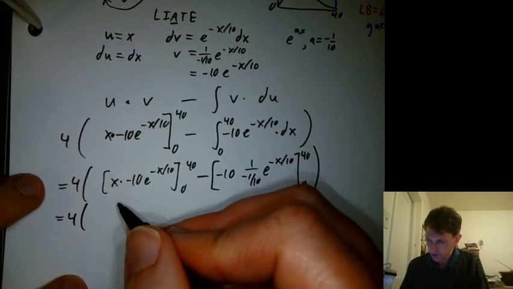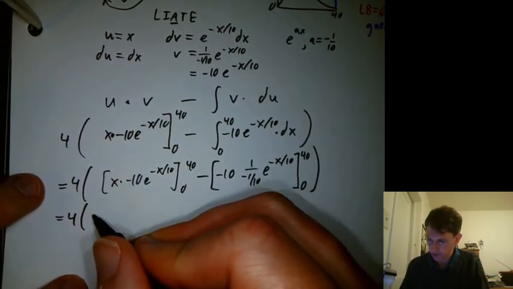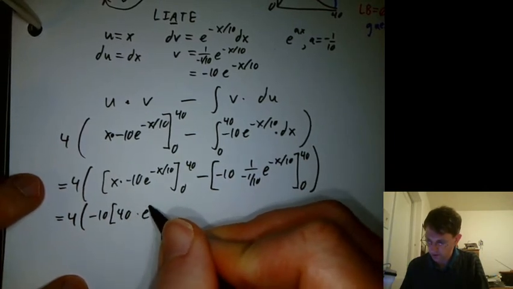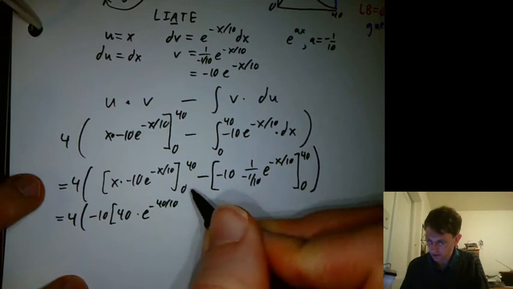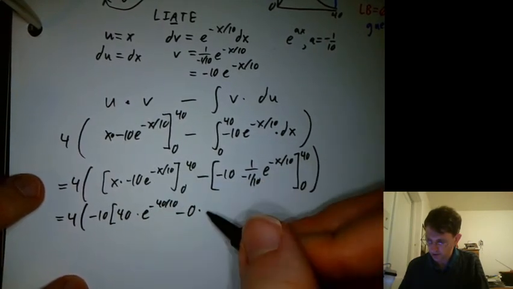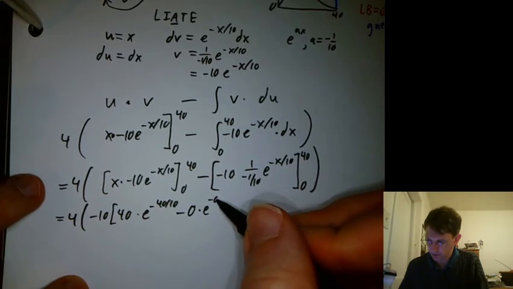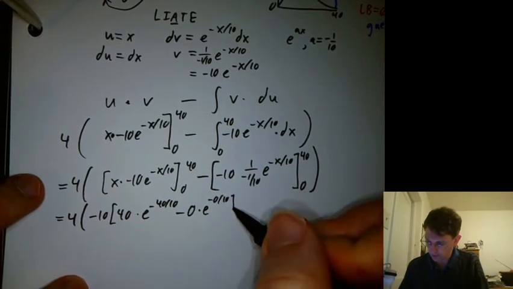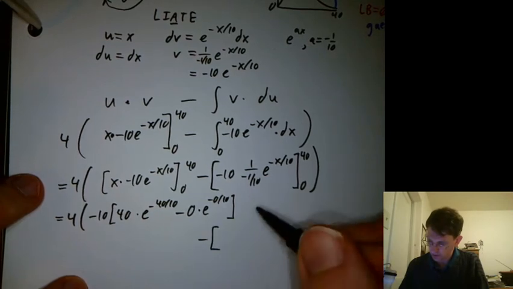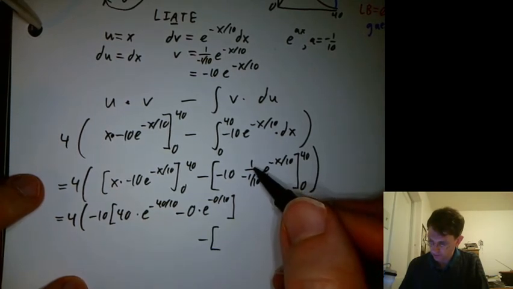So plug in 40 here. Let's pull out the negative 10 first. Negative 10, 40 times e to the negative 40 over 10. Then plug in the 0, minus 0 times that stuff, e to the negative 0 over 10. And then this part, minus, let's see, what should I do with this?